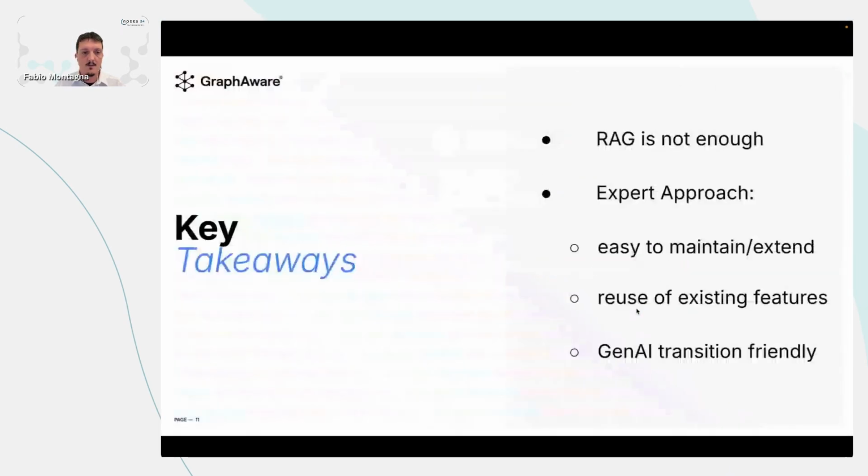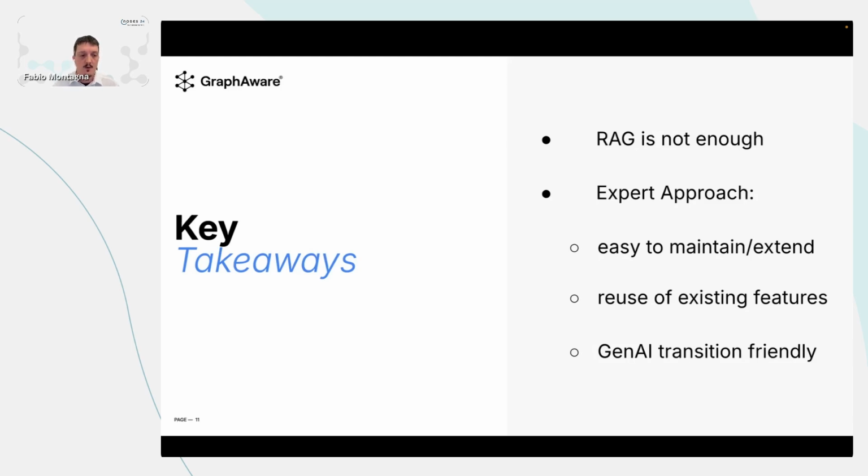So I think that's it. The key point I want to recall is that we showed that sometimes RAG is not enough, and using this expert approach has some benefits. Even if we are still in a sort of research stage, we already understood that mimicking the expert behavior is important because it's easy to maintain and to extend.